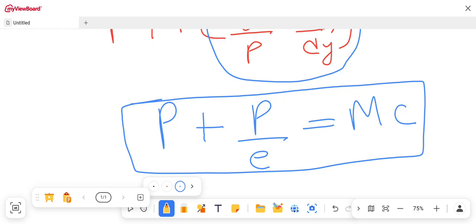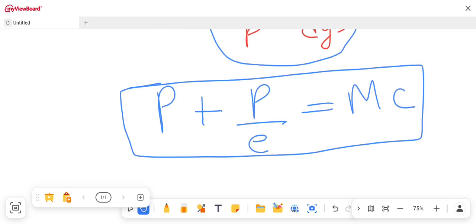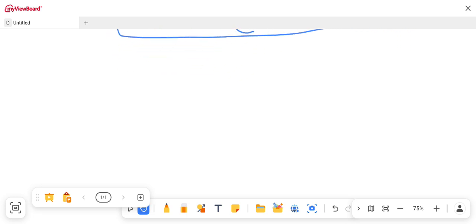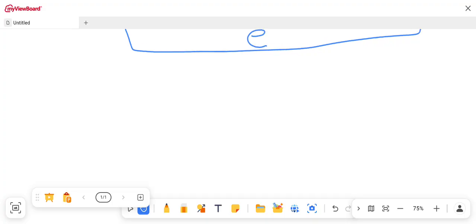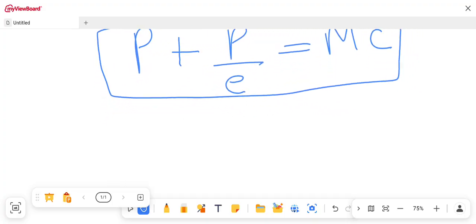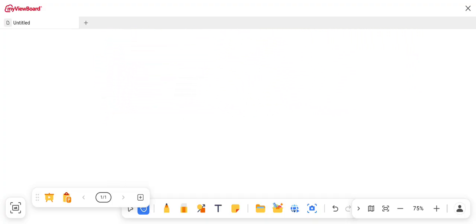Now let me make a graph where we will derive marginal revenue and marginal cost. So from total revenue and total cost, first we will make a graph.